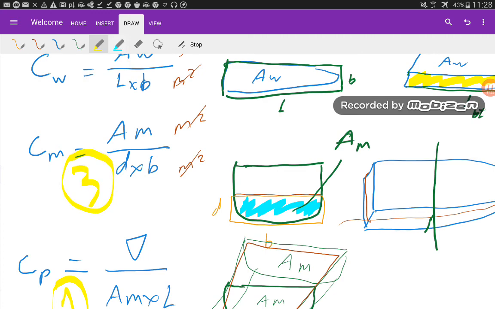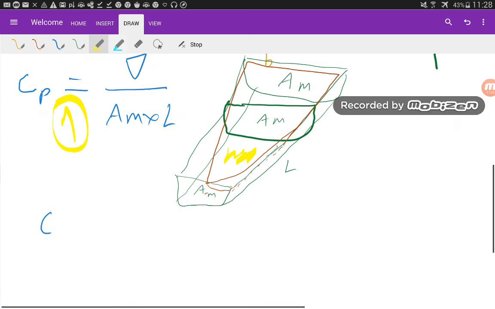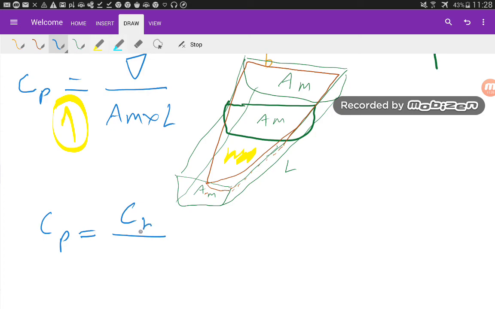With these three formulas combined, you can see CP, the prismatic coefficient, equals CB, the block coefficient, over CM, or we can say CB equals CP times CM.